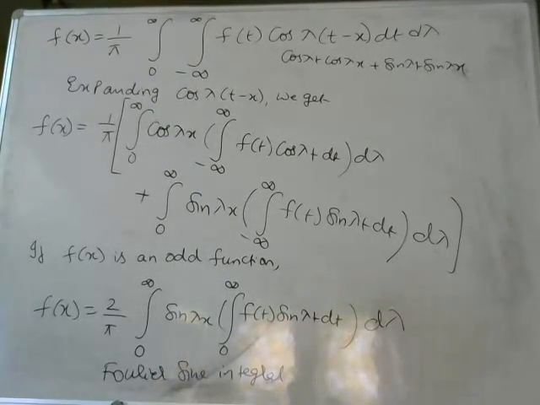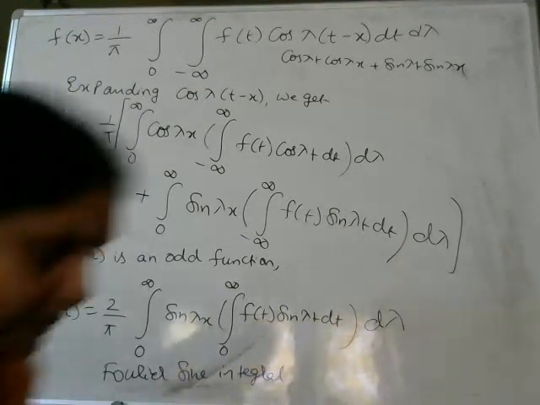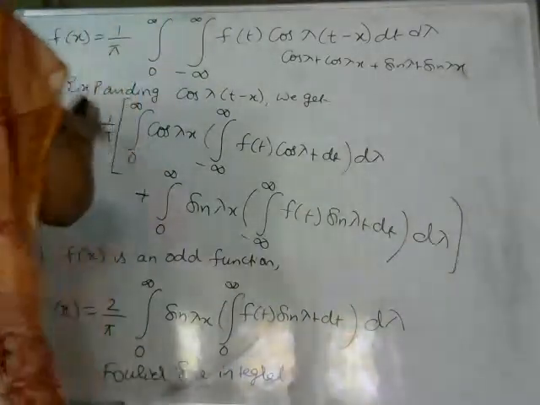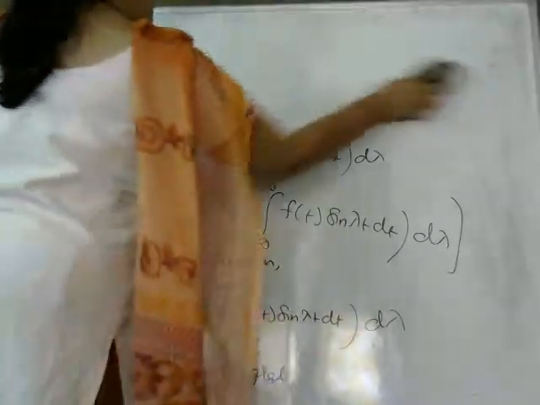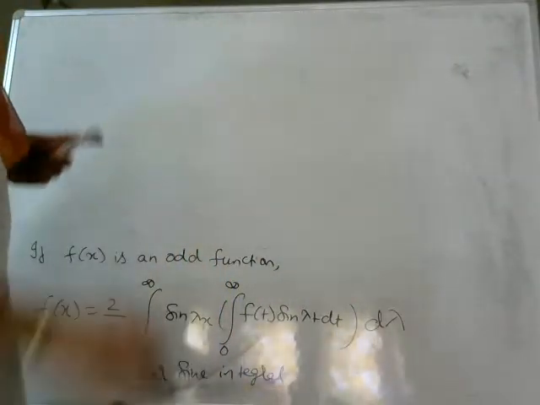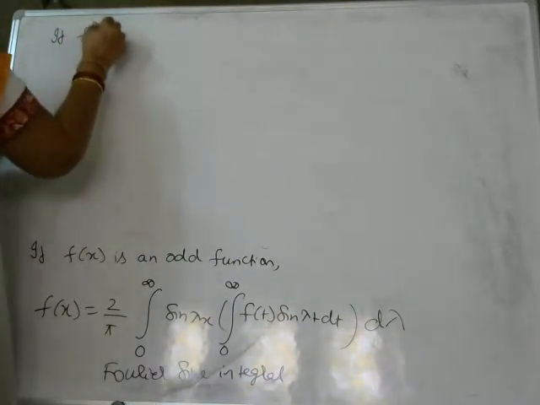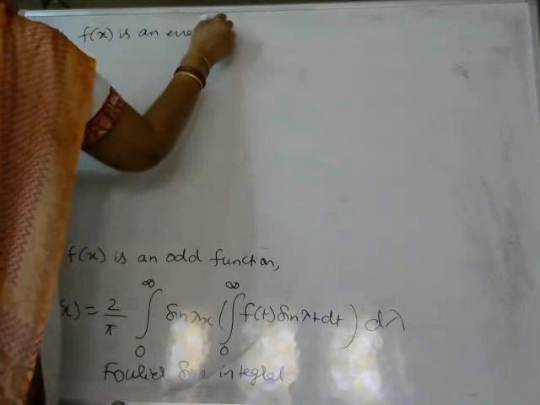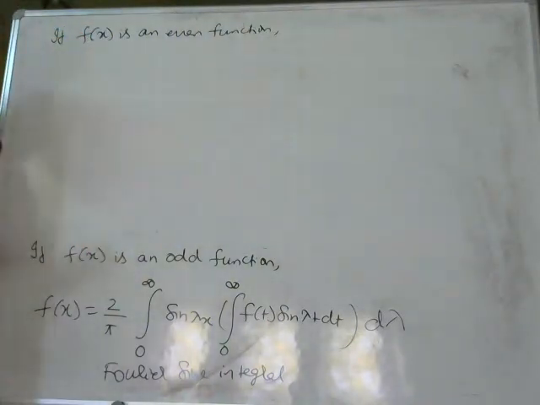Similarly, if f of x is an even function, the sine terms automatically become 0 and we are left with the cos integral, which is called the Fourier cosine integral. Suppose f of x is an even function. Then f of t cos lambda t is even, so it becomes 2 times integral 0 to infinity. f of x is even and sine is an odd function, so the product of even and odd becomes odd, and the sine term becomes 0.